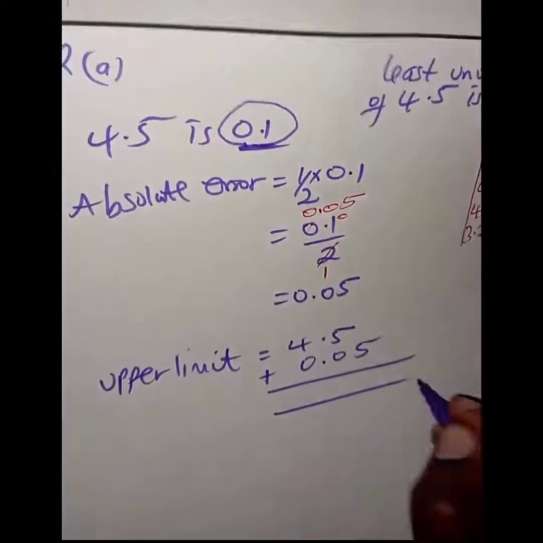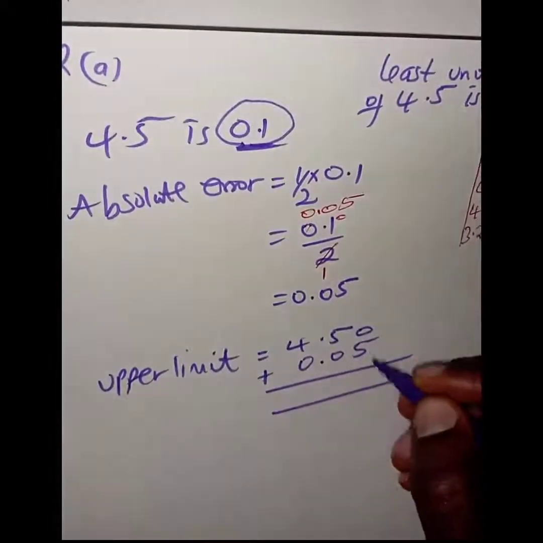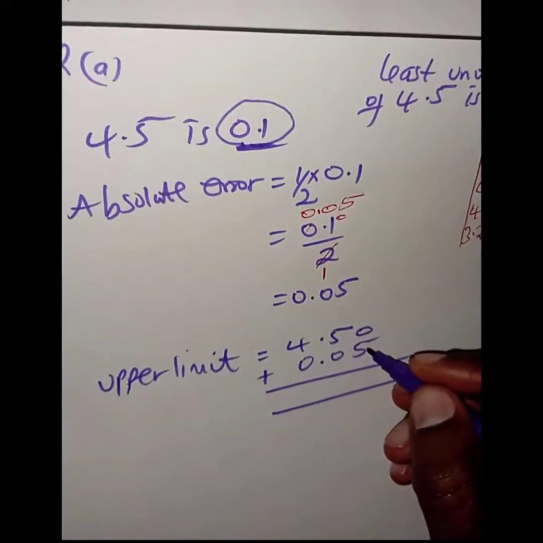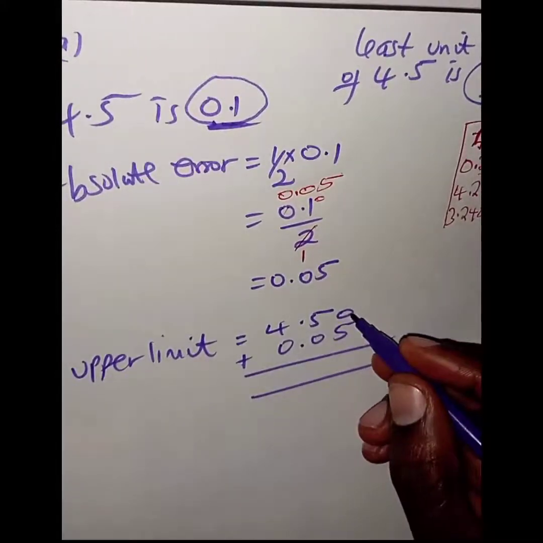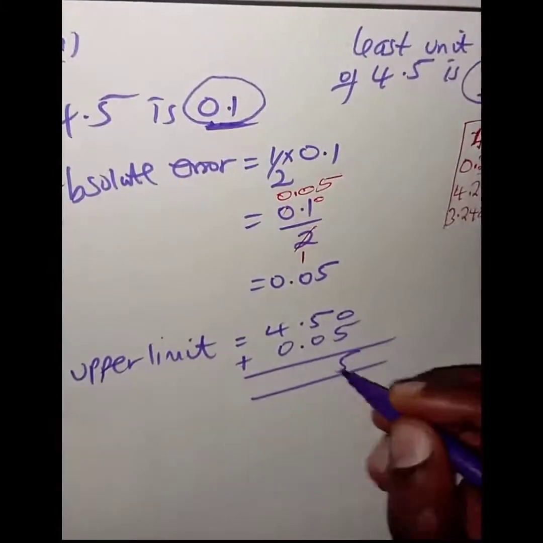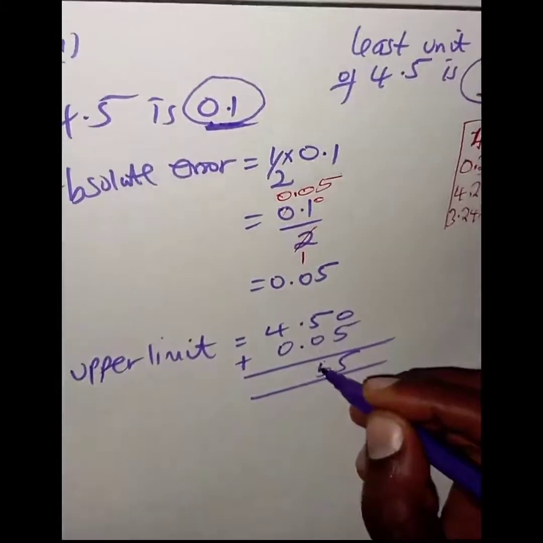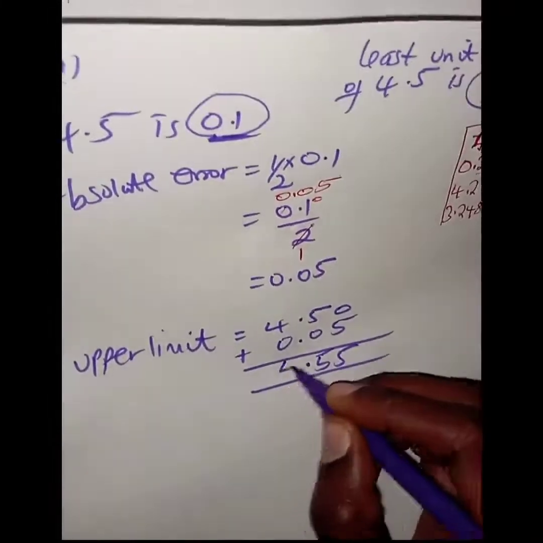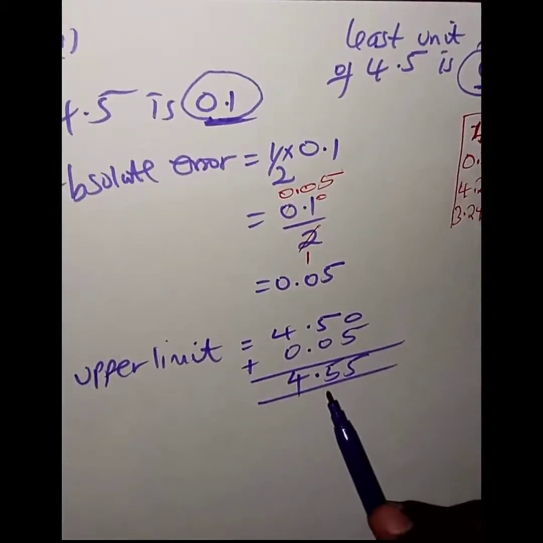Let us add. Write it as place value, right? So 0 plus 5, 5, 5 plus 0, 5, point 4. You see that? So this is the upper limit.